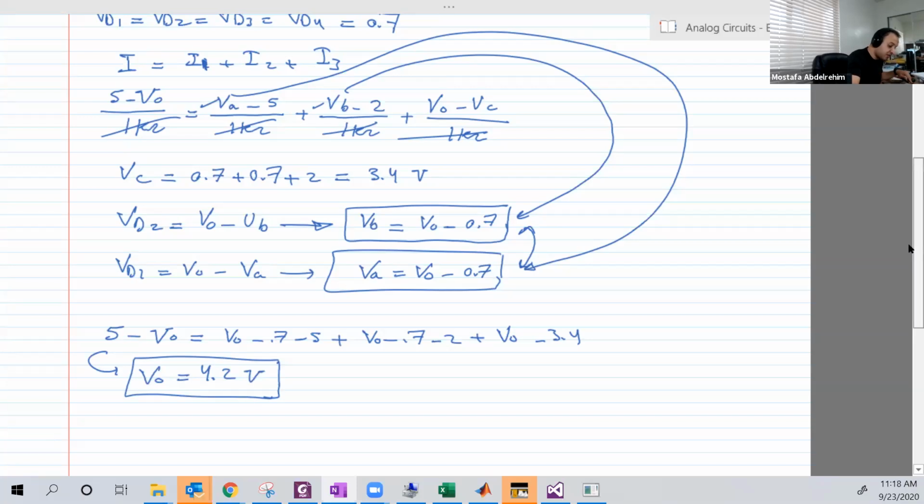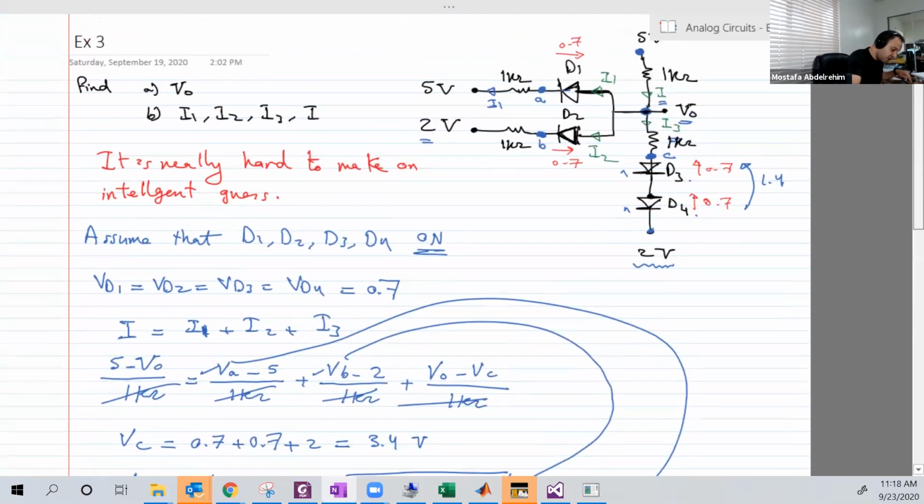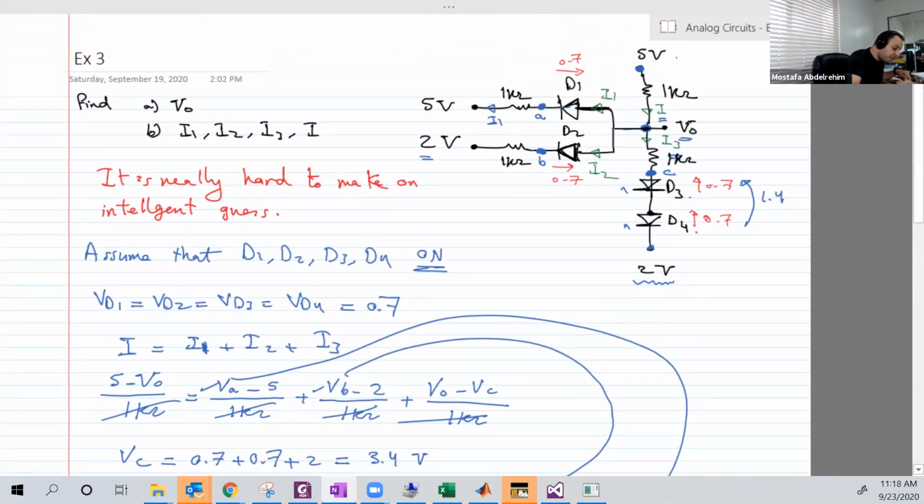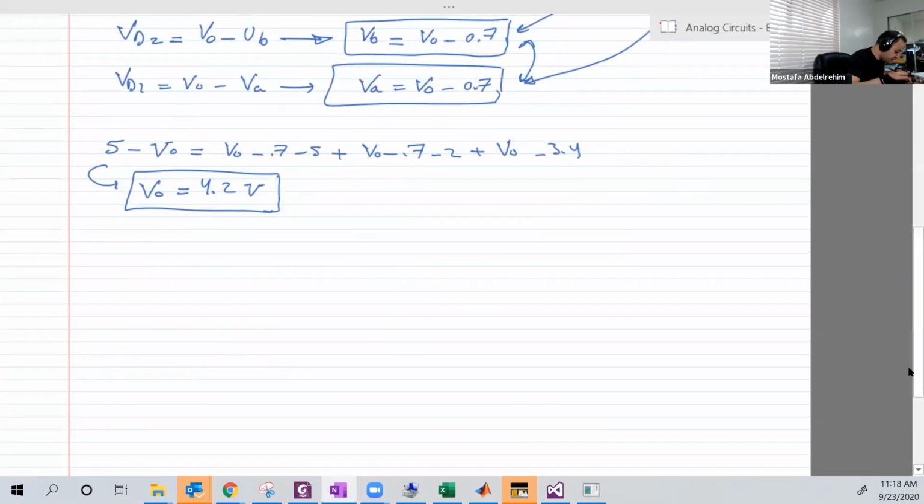So let's start with I. Mr. I is equal to 5 minus VO over 1 kilo ohm. This can be determined very easily. So 5 minus 4.2 over 1 kilo. This is 0.8 amps. Good.